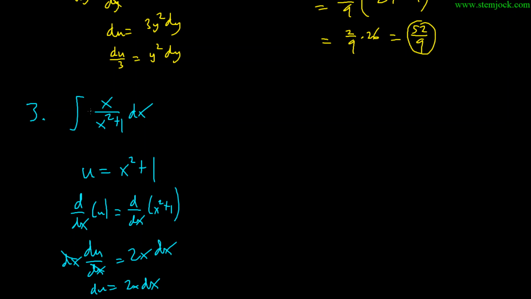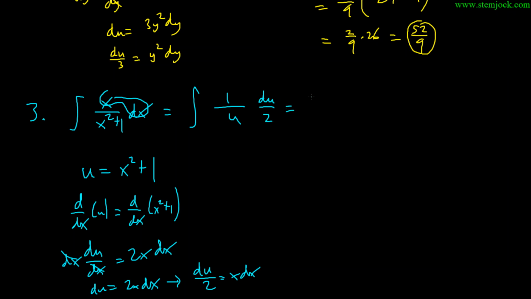Now, I don't have a 2 in this integrand, so I divide both sides by 2, so that I have du over 2 equals x dx. So this x dx here will be replaced with du over 2 in the new integral. So the new integral is the integral of 1 over u and then du over 2.